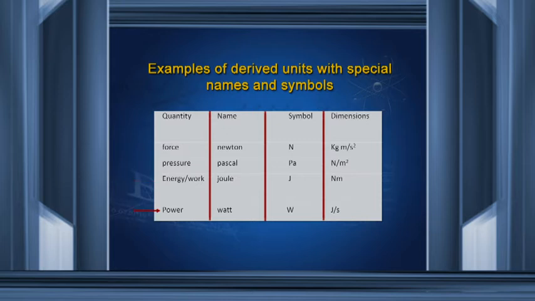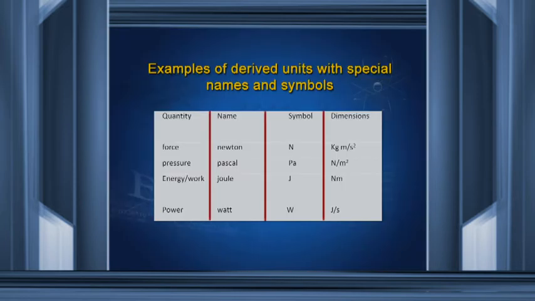Power, the unit name is watt, again named after the great scientist Watt. You know, the name Watt is in capital W, but the symbol for power is with small w to distinguish it from the name of the scientist.